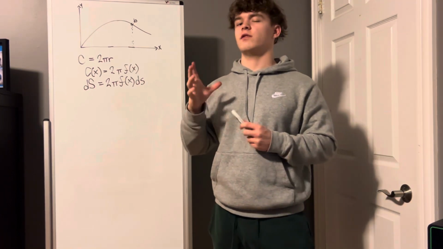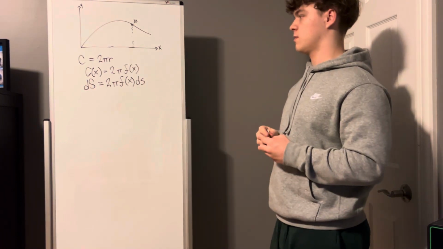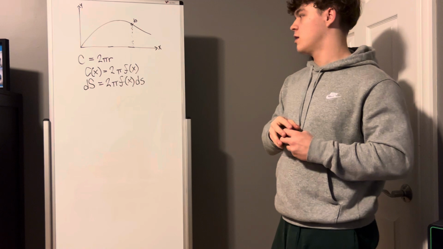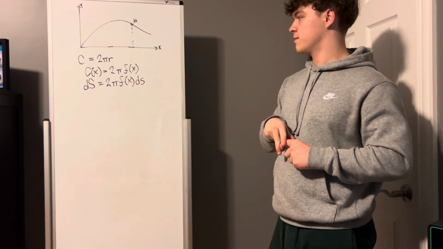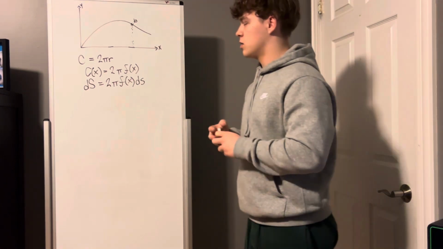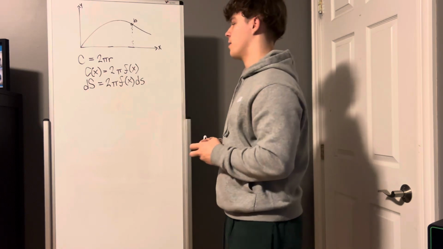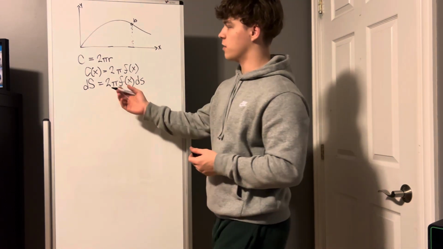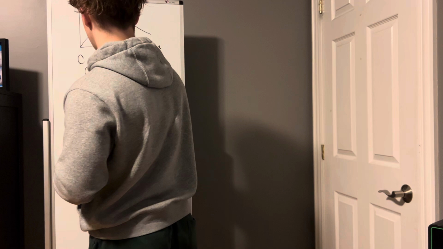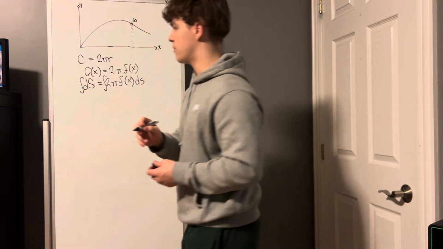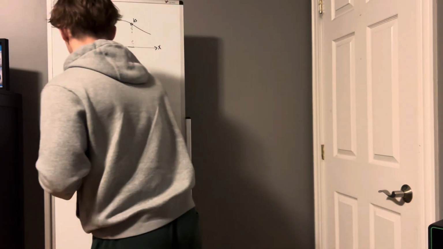That's almost like the surface area of a cylinder, just the sides, of course, not the circles on top. So if we integrate both sides, the integral of dS is just going to give us capital S.